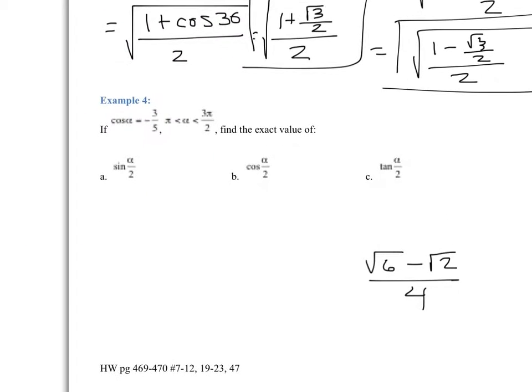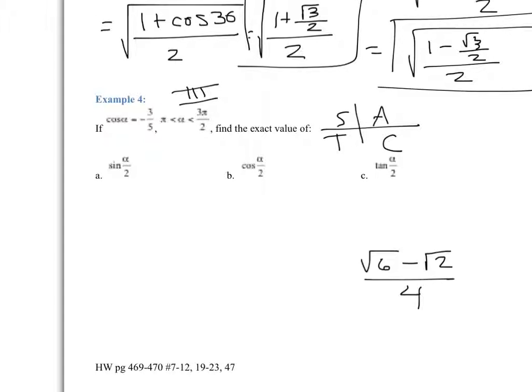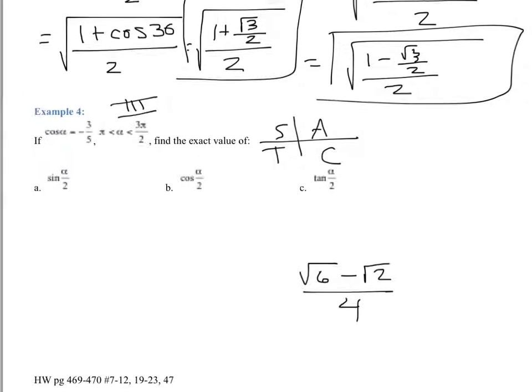So last bit. If we're given this information, cosine alpha equals negative 3/5, and this is in the third quadrant. So in the third quadrant, only tangent's going to be positive. Let's keep this on the screen.